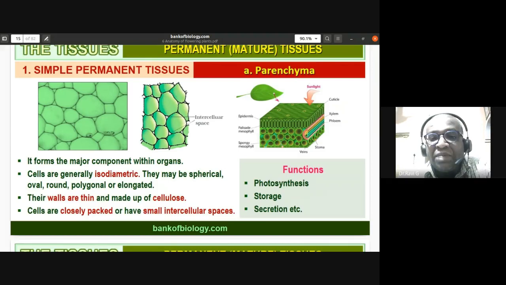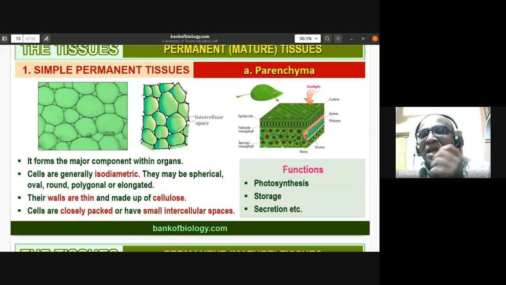The primary layer of the cell wall is thin and made up of cellulose, so they don't have any other chemical composition apart from cellulose. The cells are closely packed with or without intercellular spaces. If intercellular spaces are present, they are small. This is what you have to remember regarding parenchyma.